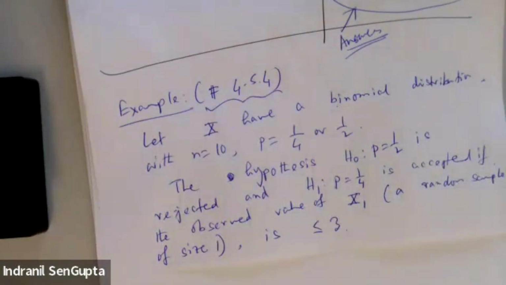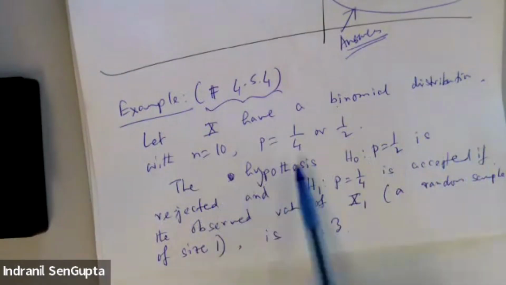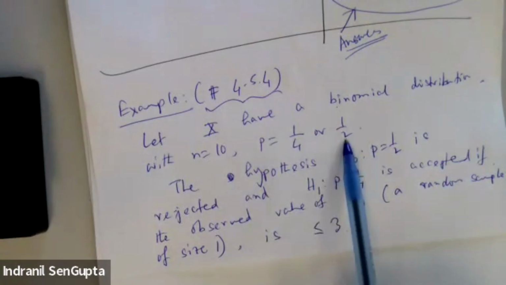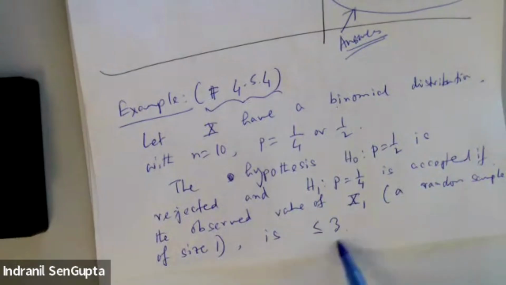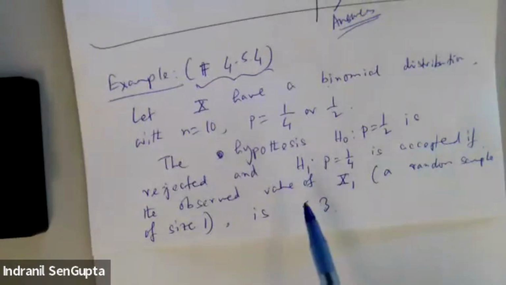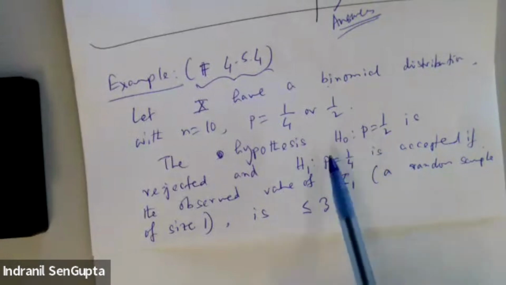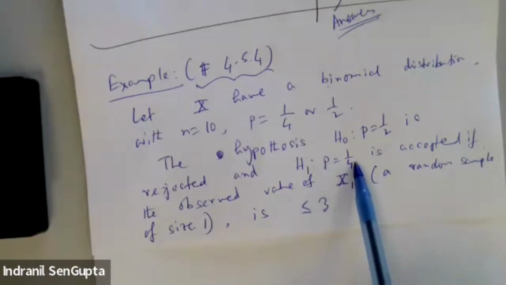Okay, so what is the deal? X has a binomial distribution with n equals 10, and p can be either 1/4 or 1/2. Now we just draw a sample, and if this sample is less than 3, we reject the null hypothesis that p equals 1/2, and we accept the alternative hypothesis that p equals 1/4.